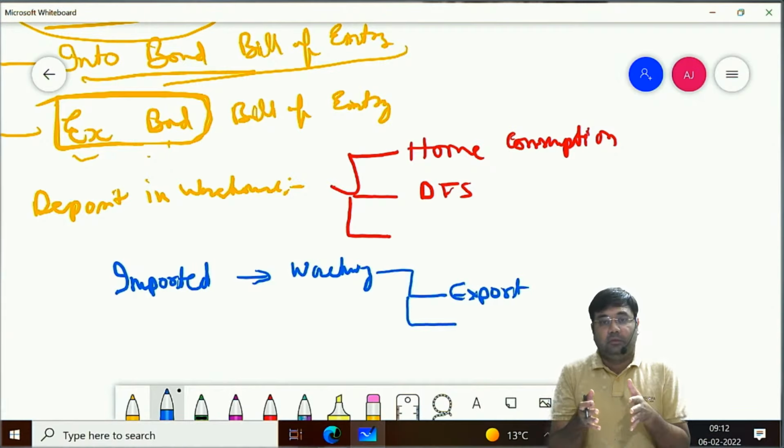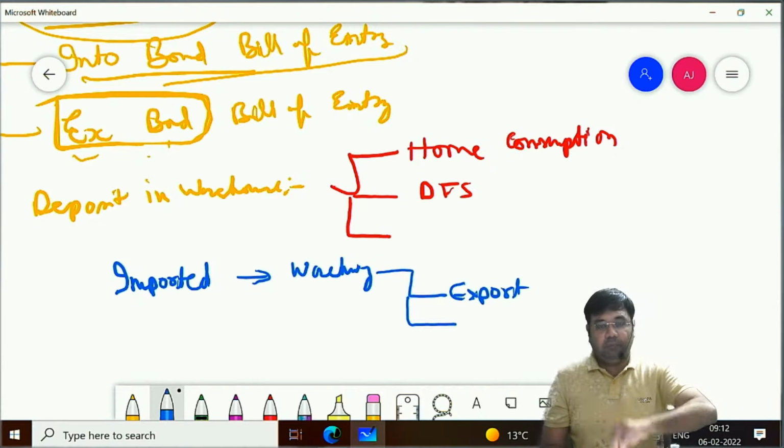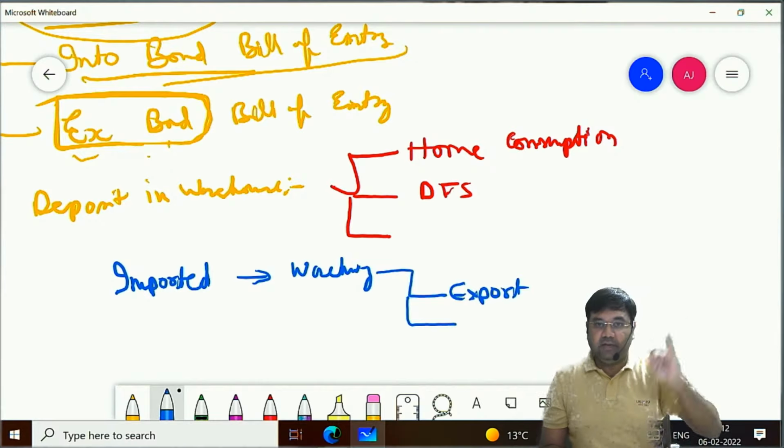So suppose he is doing export from the warehouse. He imported, he had not paid the duty. Now since he is going to clear the goods for export, let's say government says you pay the duty. But since he is doing export, he is going to get a refund of that duty paid.